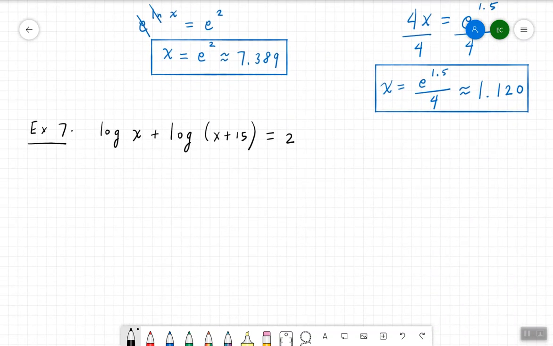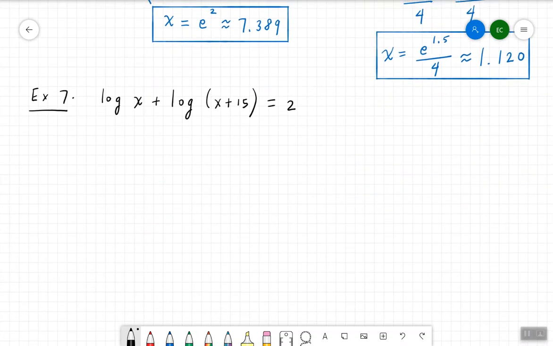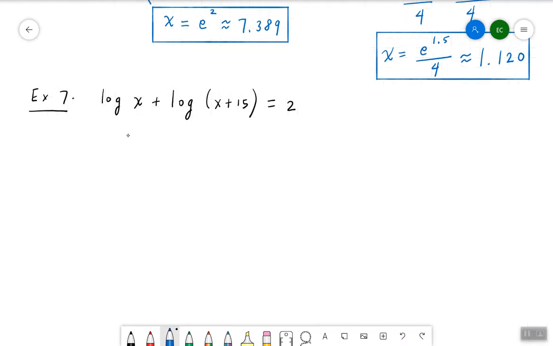And so how do we do that? We use properties of logarithms. So the sum of 2 logs can be written as the log of the product of the 2 arguments. On the other side, we just have 2. Remember, this is log base 10.